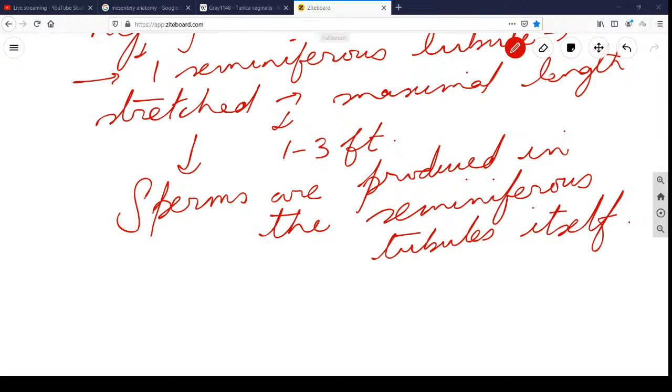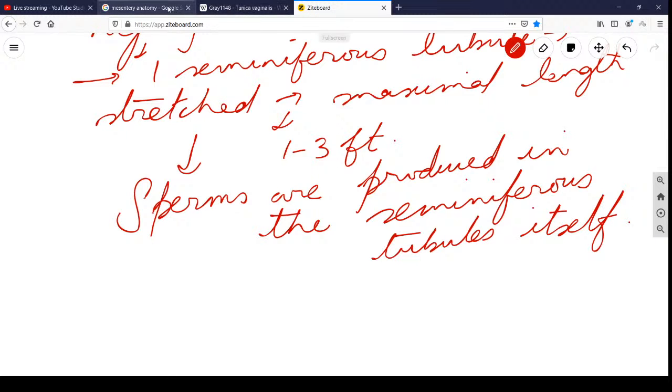Now, we also know that each testis is suspended from the body wall by something known as the spermatic cord, which penetrates into the pelvic cavity through the inguinal canal. I'll just show you the spermatic cord. You might not have heard about it.